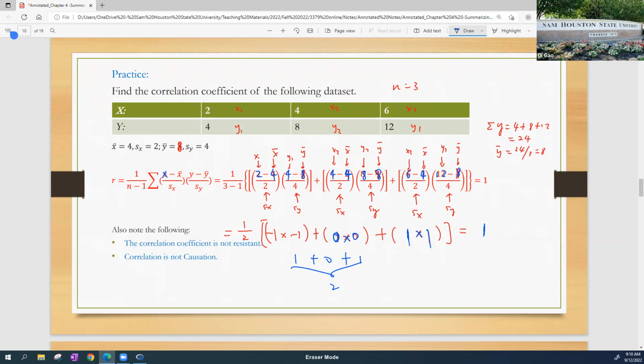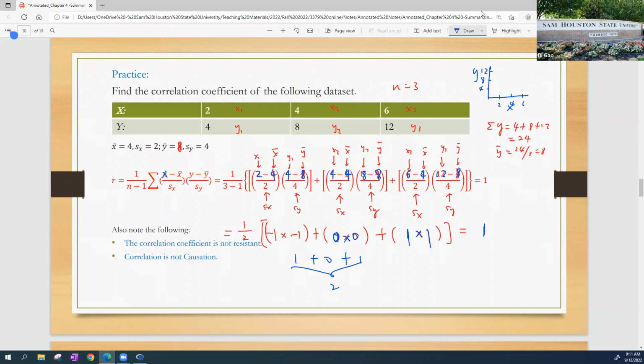And if we draw a scatter plot, we can see that actually, because it's a perfect straight line here. So x and y, 2, 4, 6, and then 4, 8, 12.